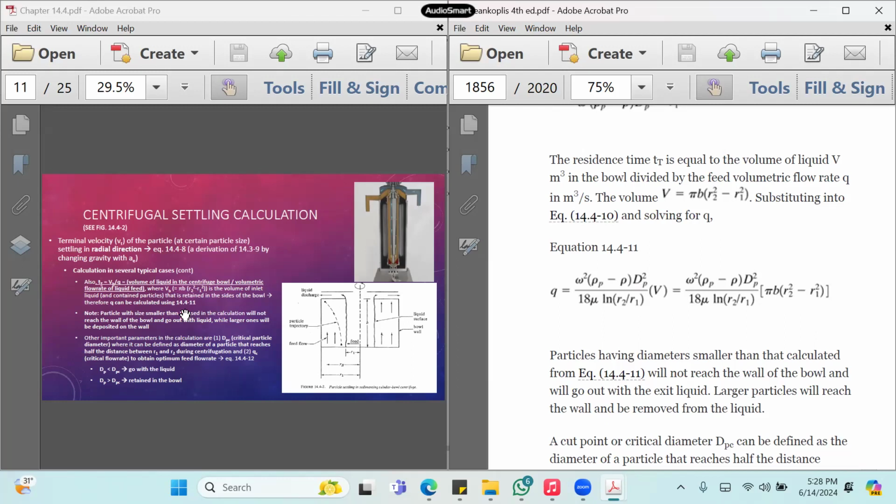It's not only one dP. There are particles smaller than dP and particles bigger than dP. dP is the average, the mean.